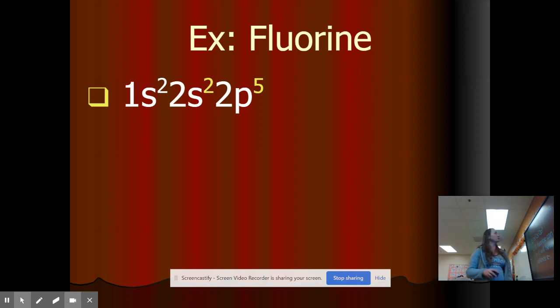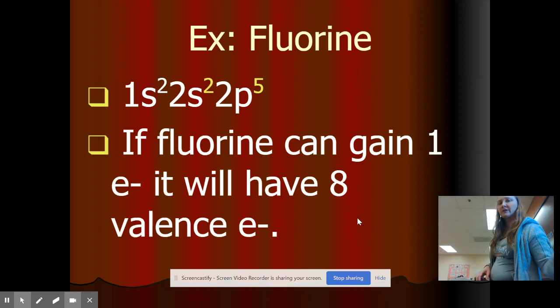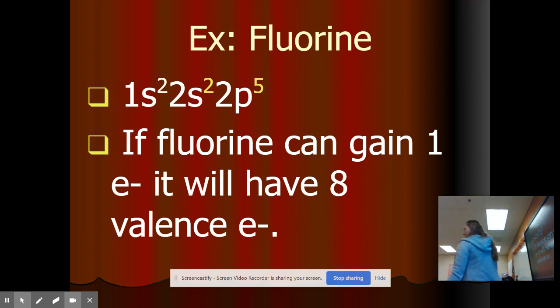All right, so fluorine. Fluorine, what does it do? It gains an electron, right? So if it gains 1, so you've got fluorine over here. He gains 1, he can be stable. If he gains 1, what is his electron configuration going to look like? Predict. 2p6, right?